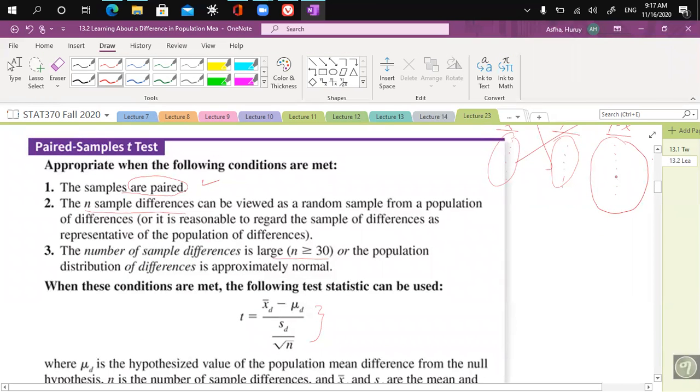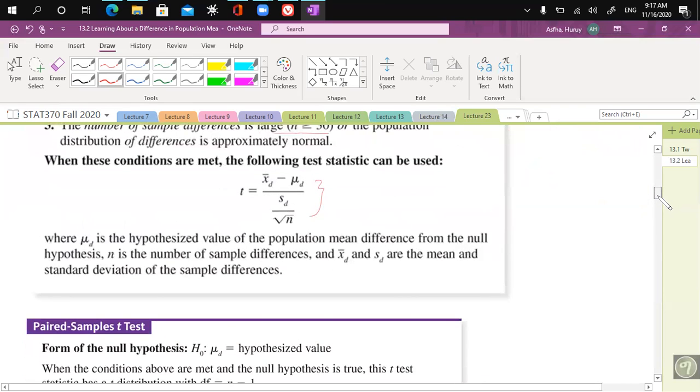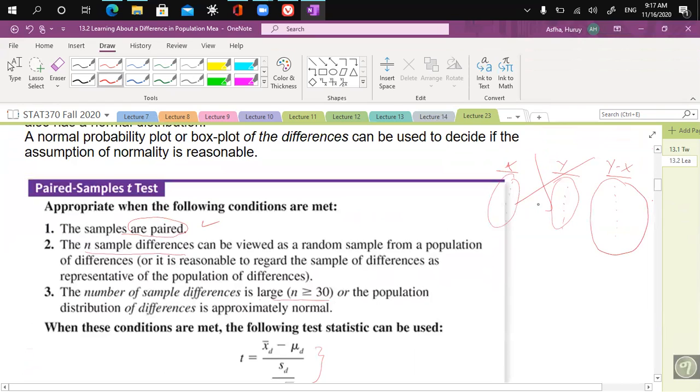X bar is the mean of this column. Mu d is the hypothesized difference. S sub d is the standard deviation of this column. And for n, we don't add up the two n's. We have one n because n1 and n2 are equal, since it's matched, they are paired. So it's always equal in this case. When we say here n greater than or equal to 30, we look at one of them.